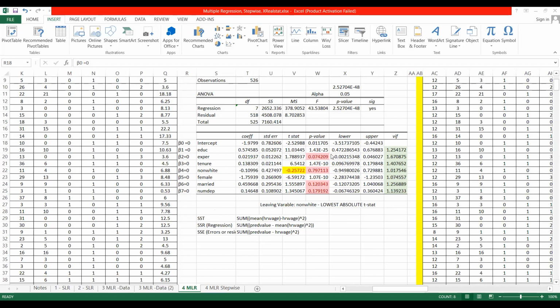Mas madali si p-value guys tingnan kasi titingnan lang natin dito kung sino dito yung greater than 0.05. Turns out that there are 4 variables here that are greater than 0.05. Okay, so itong mga hindi significant predictors. So technically, ang significant lang as far as this model is concerned, education, tenure, at saka female.